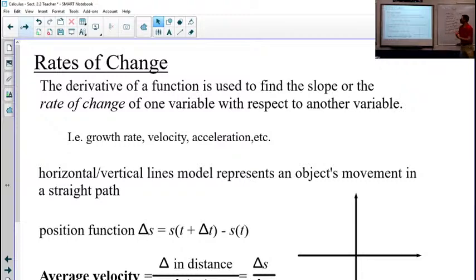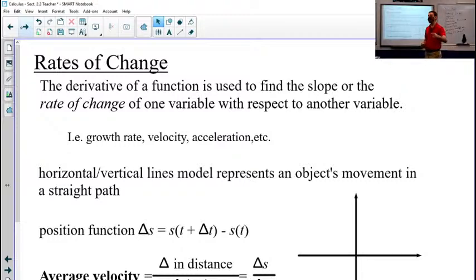This is talking about if I know the position of an object, if I know different positions of those objects, and I want to figure out the velocity at which they are traveling, the velocity would be how that position is changing over a change in time.